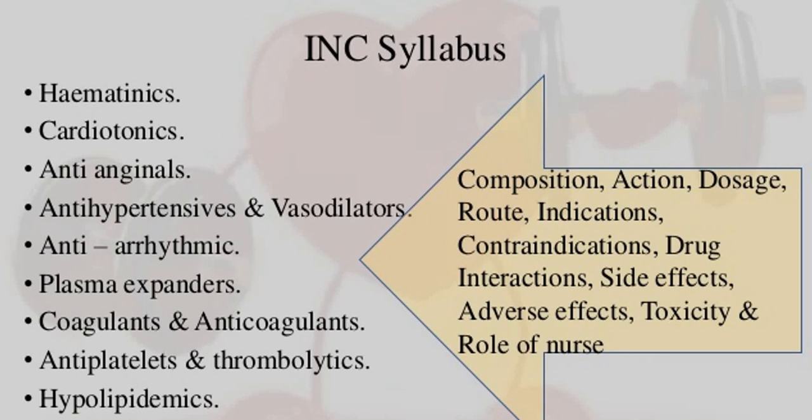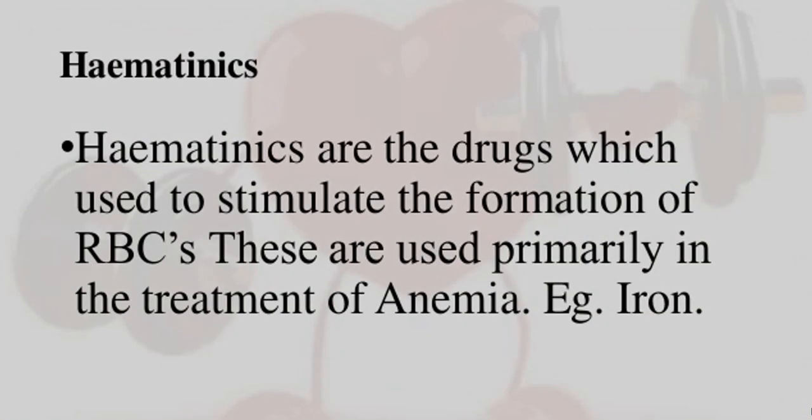Hematinics are the drugs used to stimulate the formation of RBC. These are used primarily in the treatment of anemia. For example, iron, folic acid tablets, vitamin B12 and multivitamins. All are tablets. We should use the hematinics.